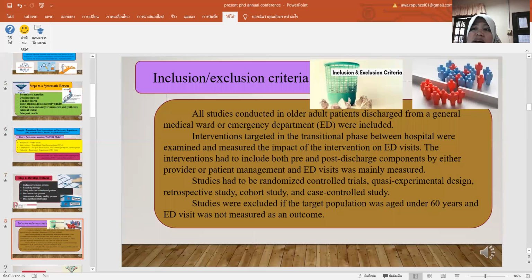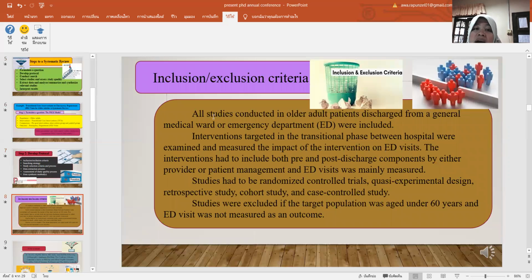The inclusion criteria and exclusion criteria. All studies conducted in older adult patients discharged from a general medical ward or emergency department were included. Interventions targeted the transitional phase between hospital and home and measured the impact of the intervention on ED visits.